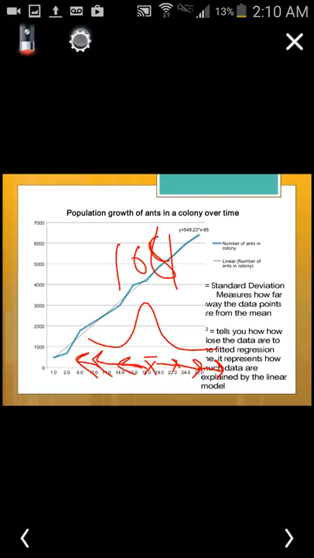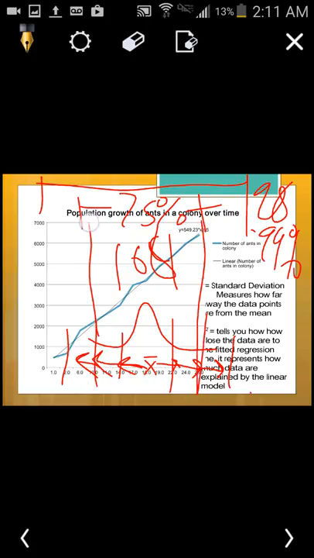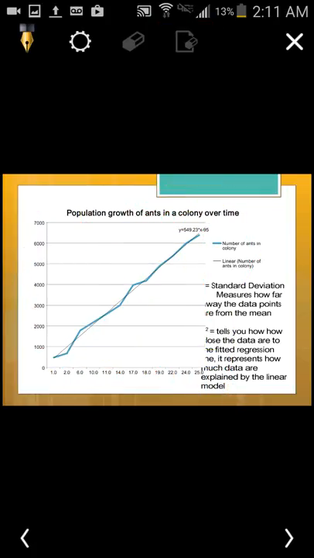I think 75% of the data falls within 2 standard deviations, and then I'm pretty sure 98 to 99% of the data falls within the 3 standard deviations there. So this would be 1, 2, and 3. But that's how that works. What they're saying right here.